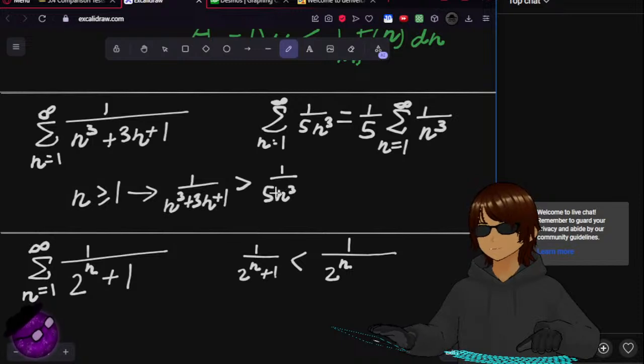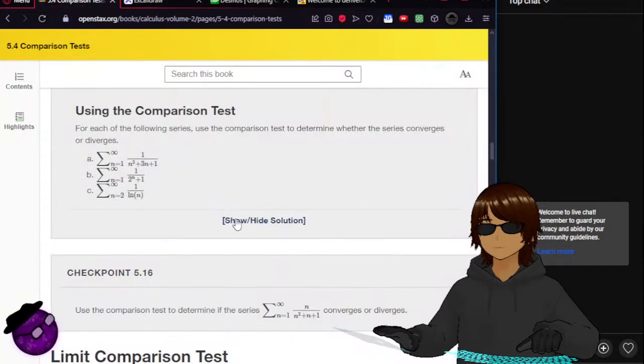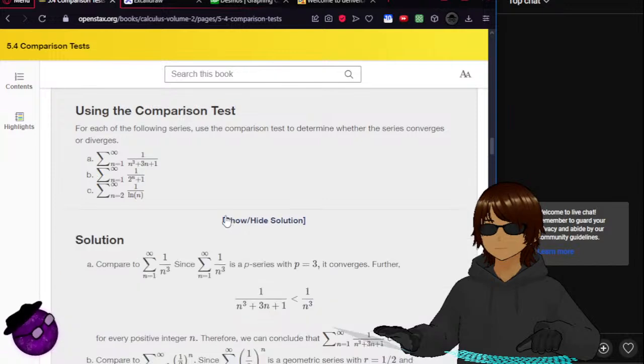n cubed. Hold on. 1 over n cubed plus 3n plus 1. Hey, what am I doing?